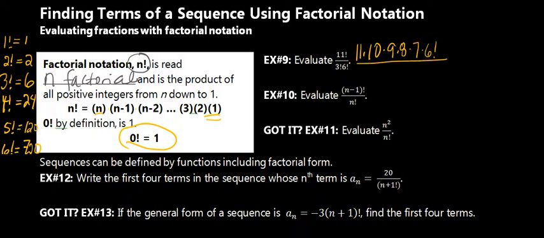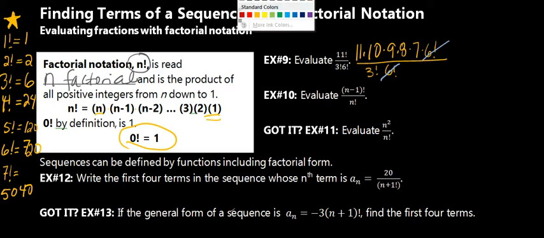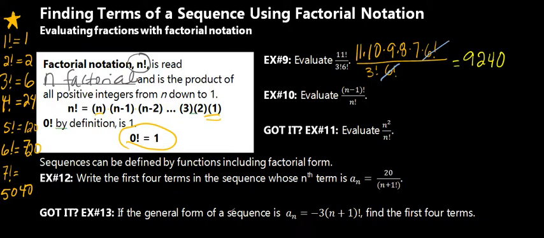I chose to stop at 6 factorial because I would like to cancel out 6 factorial because I have it in my denominator. So here I've just canceled both of those values out. And if I calculate this and punch that out on my calculator, it equals 9,240.